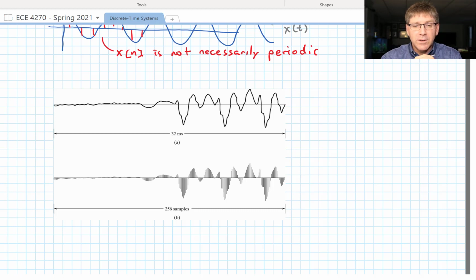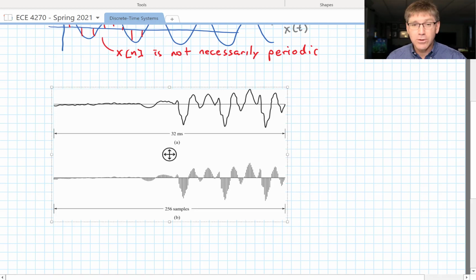The continuous time version is shown up top, and the discrete time version is shown down below. You might think, how did we get this perfect continuous time version shown there? Well, we cheated. We just connected the dots from the sampled version below, because that's what we really have in the computer, a sampled version. But you get the idea.